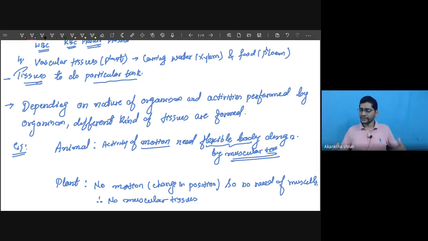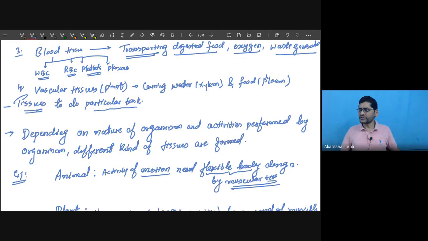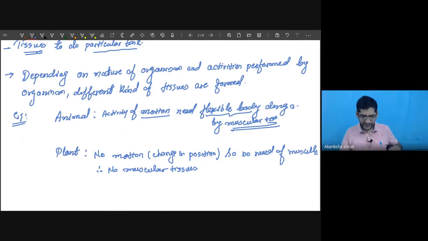In our body design, no particular canal just for carrying water and another for food is required, because the blood is able to carry the water and food. Therefore, blood tissue is required in animals, but no blood tissue is required in plants. Another thing, an animal needs more energy while moving.